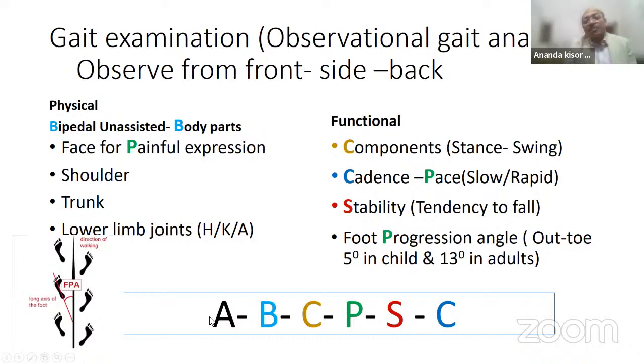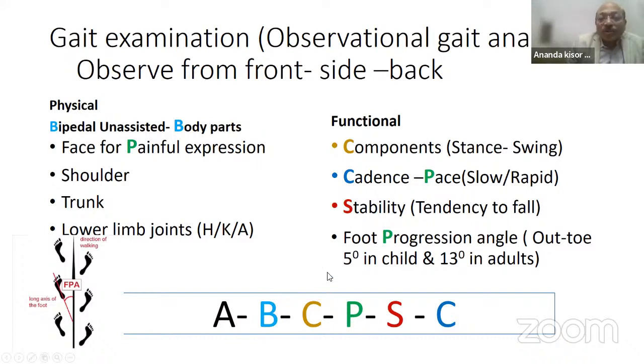So basically it's the mnemonic A, B, C, P, S, C. A is for the adequacy of undressing, adequacy of amount of walking, adequacy of barefooted walking, and normal speed. B is for the barefooted walking and the body parts: bipedal unassisted, barefooted walking, and when we check the body parts.